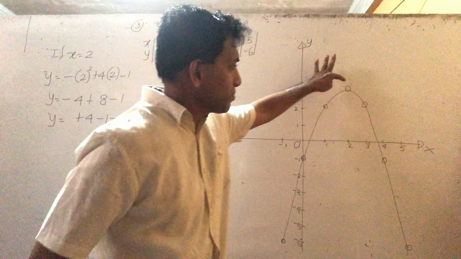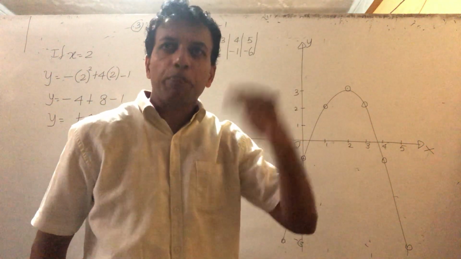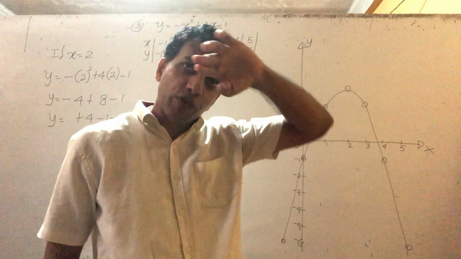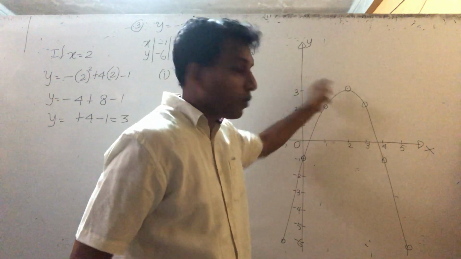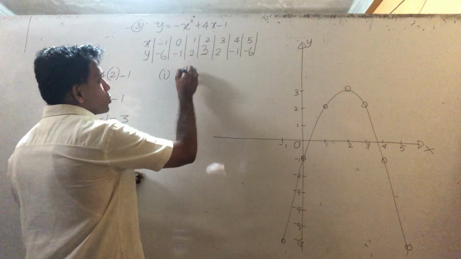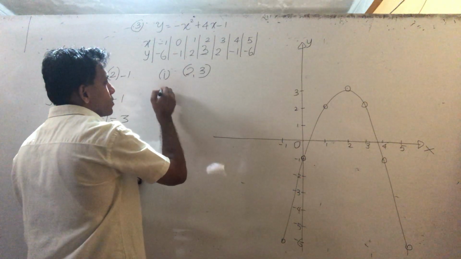So what do you mean by peak? That's the upper point, the highest point or maximum point, also called the turning point. So what are the coordinates? X is 2, y is 3. So (2, 3).